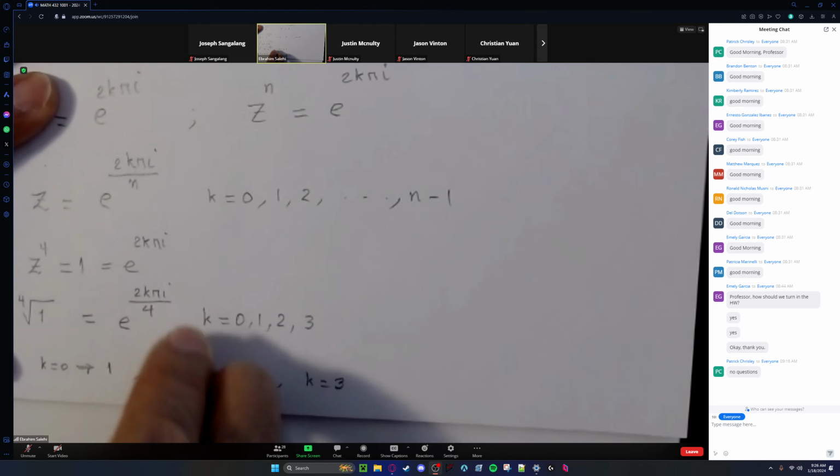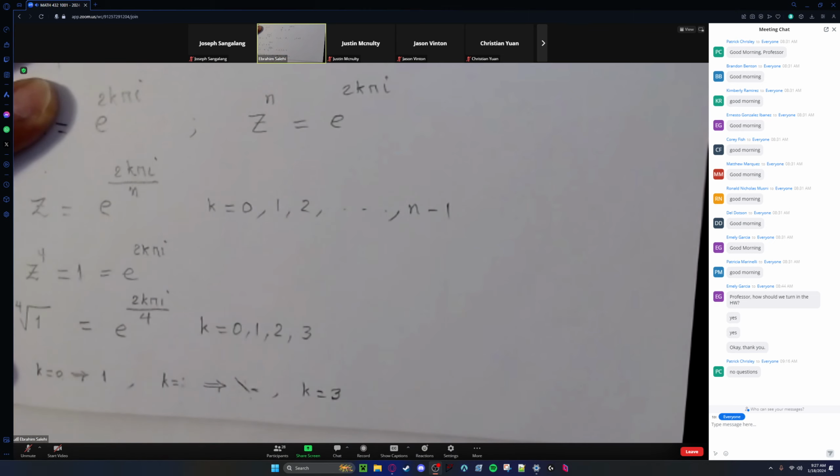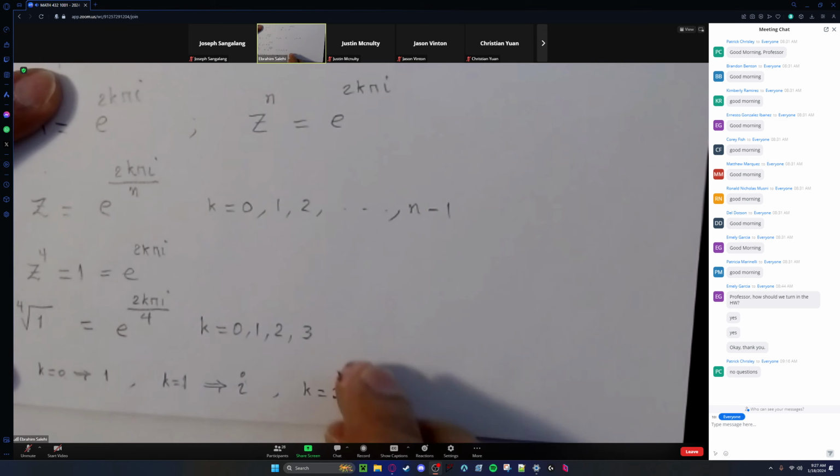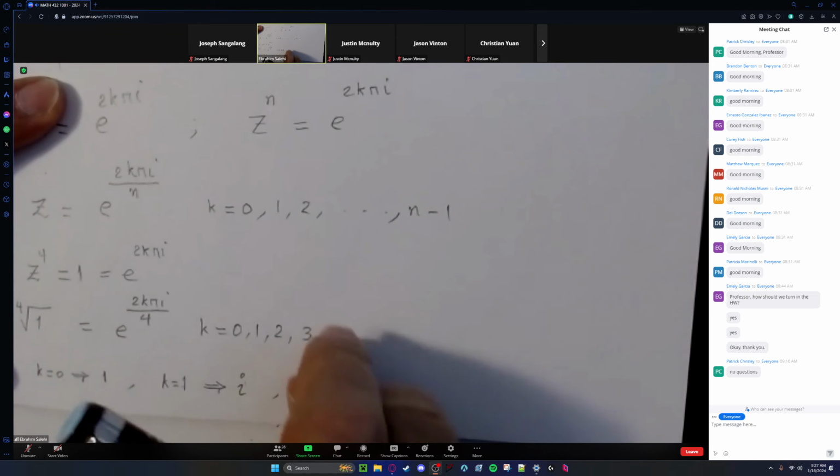With k equal 1, you get e to the pi i over 2, and you will get i.